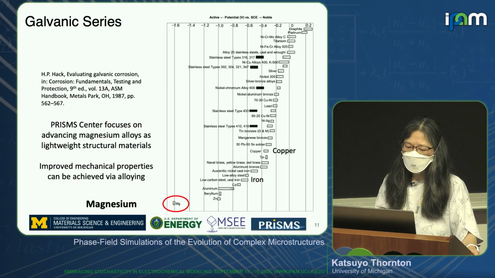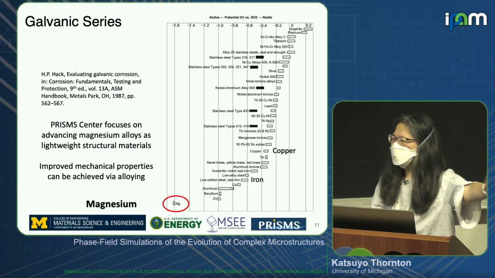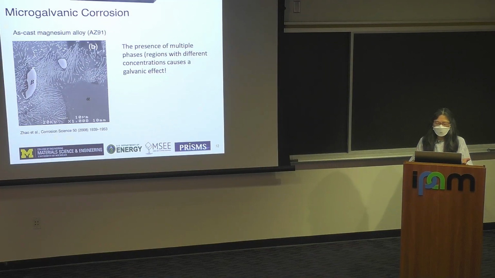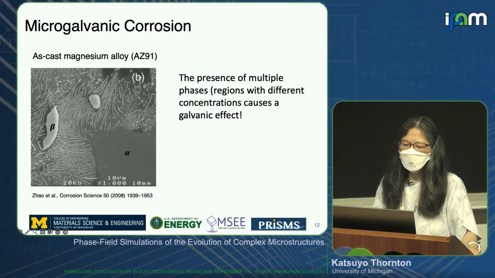You may say, well, let's make sure it's not in contact with other metals, right? However, when you alloy the material with other elements, which is necessary because pure magnesium is not ductile enough for structural applications, you get this kind of microstructure. You solidify, and then you get these blobs as well as these fine lamellas.